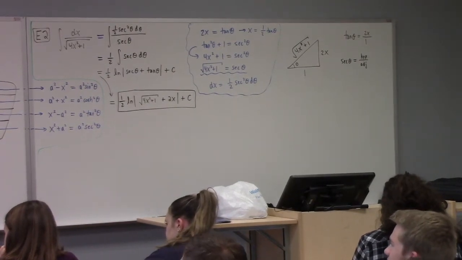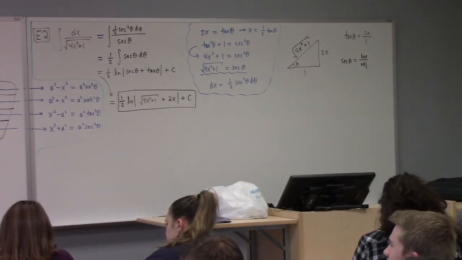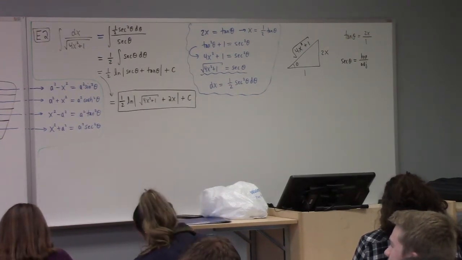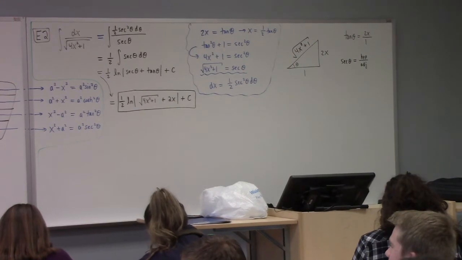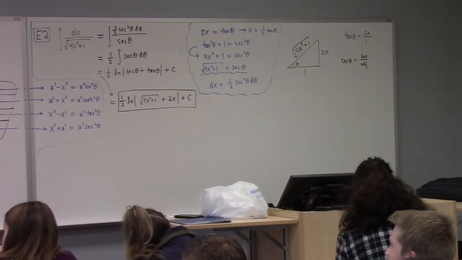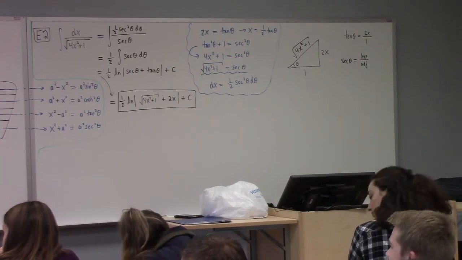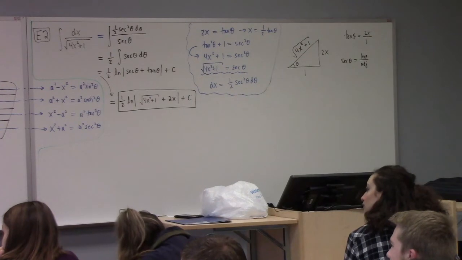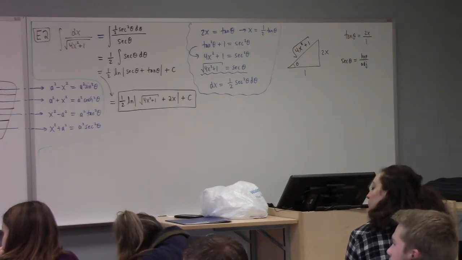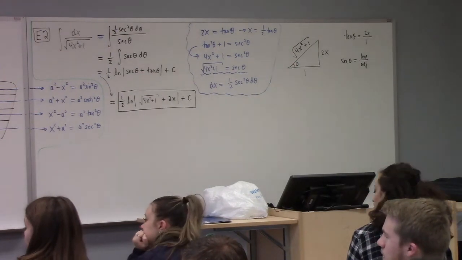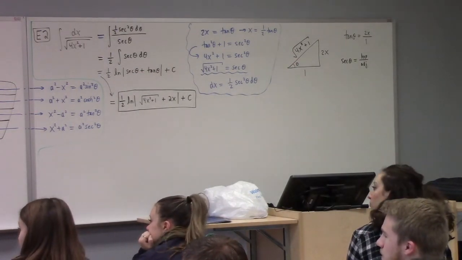It could look like that to start with. That's this problem again. Or you could face something like the integral of dx over x minus 3 squared, square root of 9 minus x minus 3 squared. You could have something like that happen to you, right?